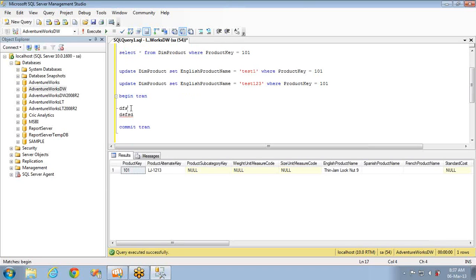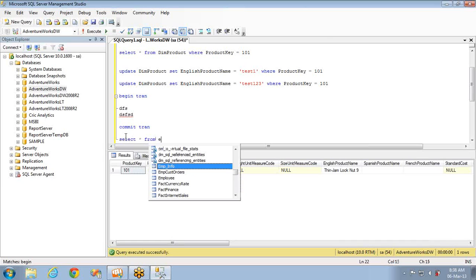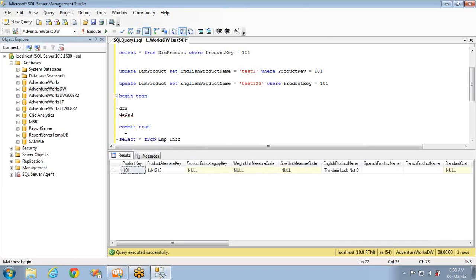If I don't apply the proper locking mechanism or isolation methods for this, then after this particular statement is executed, if some other user executes a select statement, select star from table name, then the data that will be read is the in-flight state of the data, whatever state is present, whatever updates were done by user 1.